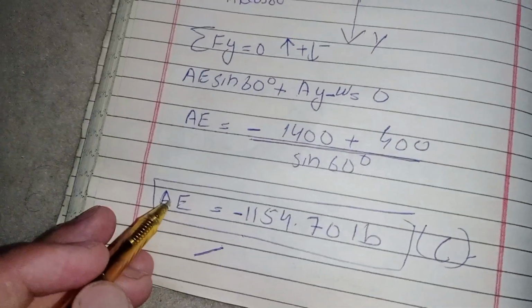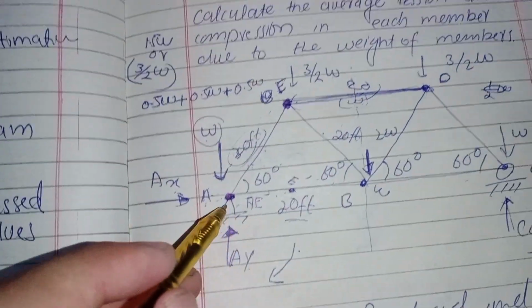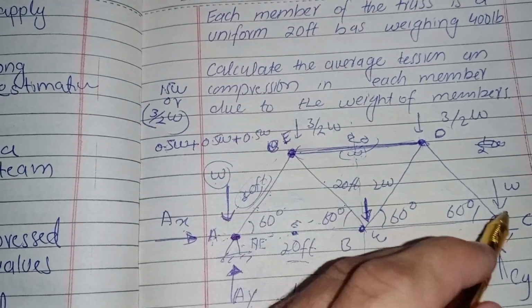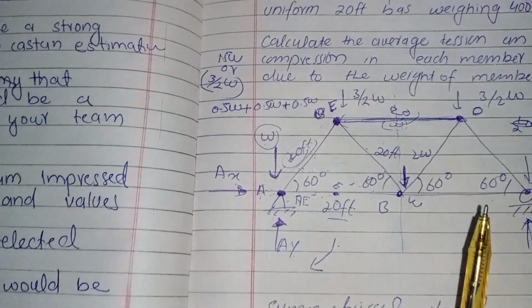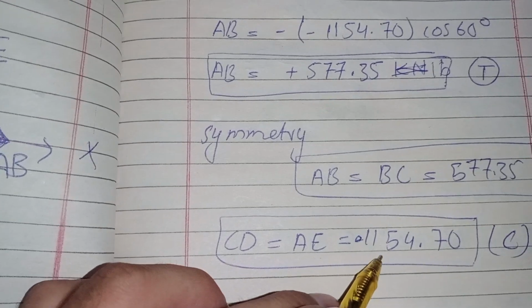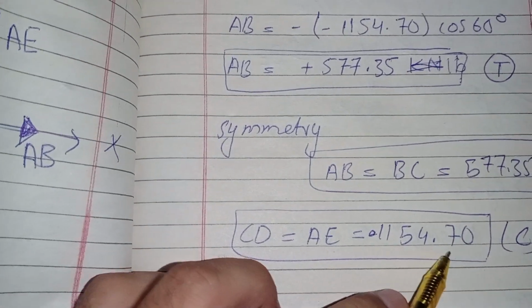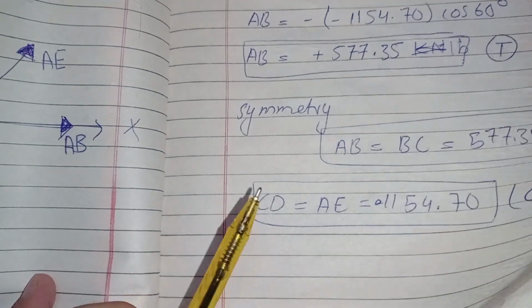Also this AE is equal to DE, AE is equal to DC. So AE equal to DC equal to 1154.70 pound. Okay, it is in compression.